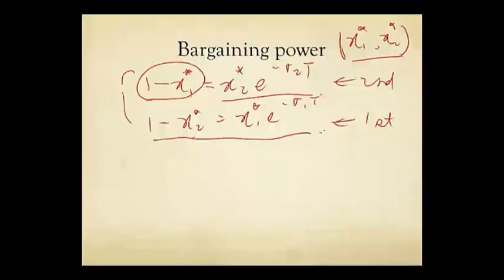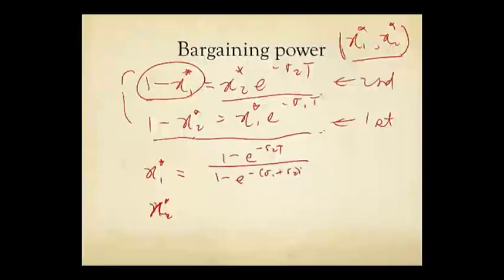So this is a rough sketch. It's a hand-wavy way to establish a basic intuition. Now it turns out that there is a unique solution to the above pair of equations, which is x1 star equals 1 minus e to the minus r2 times the time slot duration t, divided by 1 minus e to the minus (r1 plus r2) t.